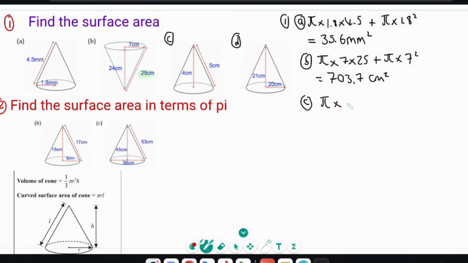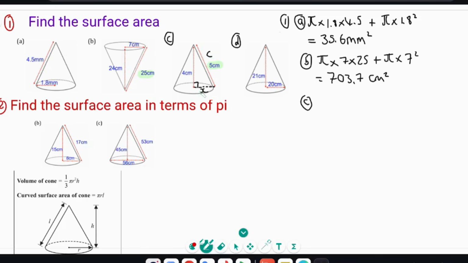So pi RL. L is your 5. We haven't got a radius now. Hopefully, you will have noticed we actually have a right angle triangle here. So can you see, to find the radius, you actually need Pythagoras.